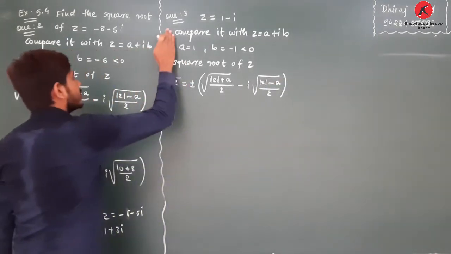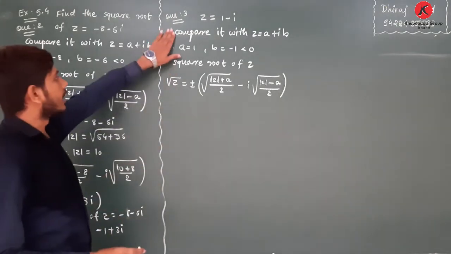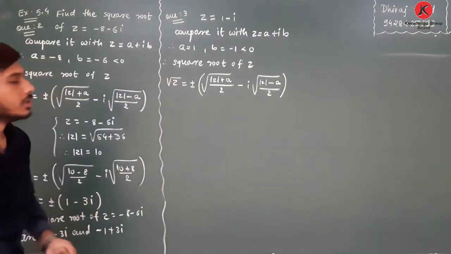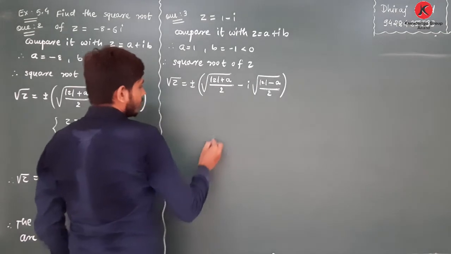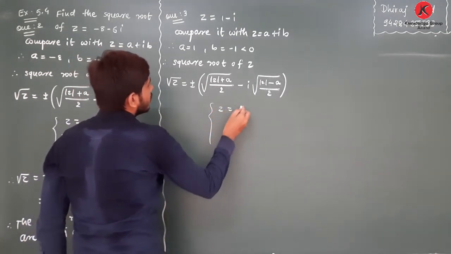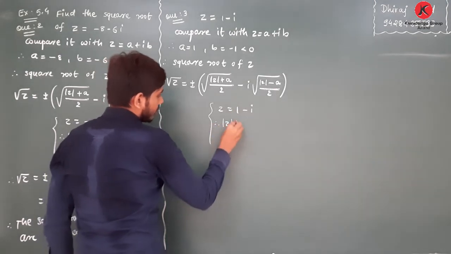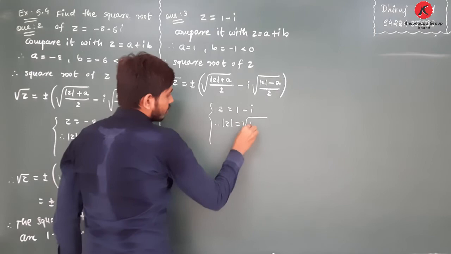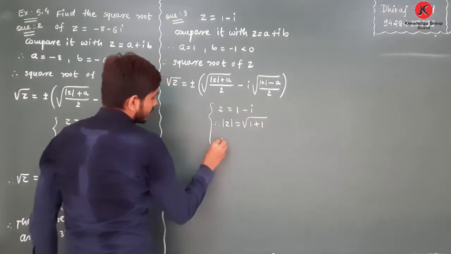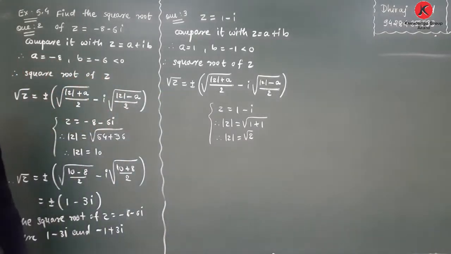Clear? So this is the formula for calculating the square root of z. Now obtain the value of modulus of z. Here z equals 1 minus i. Therefore modulus of z equals under root of 1 plus 1, so modulus of z equals under root of 2.